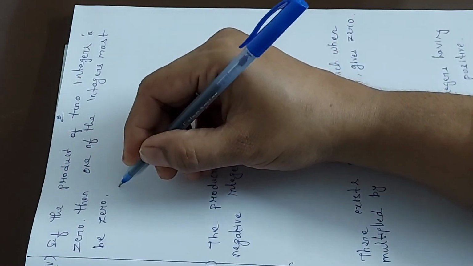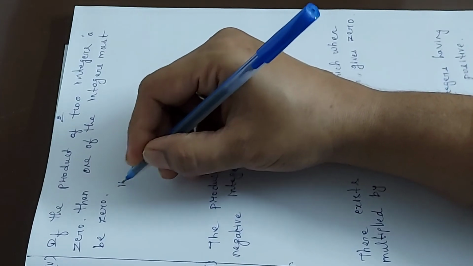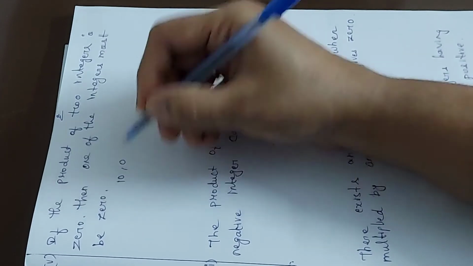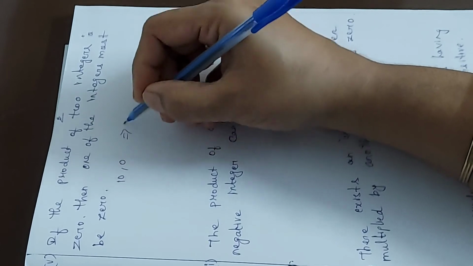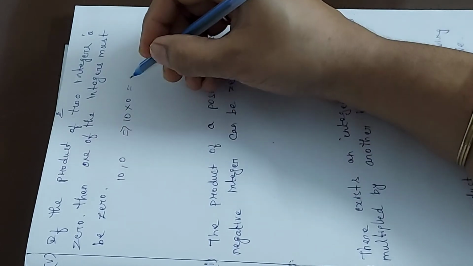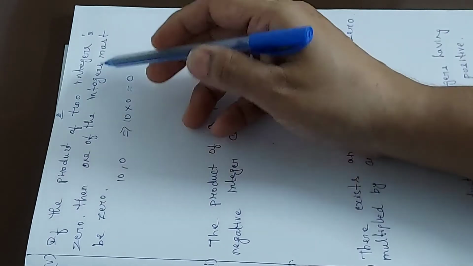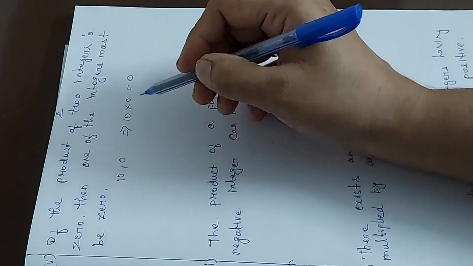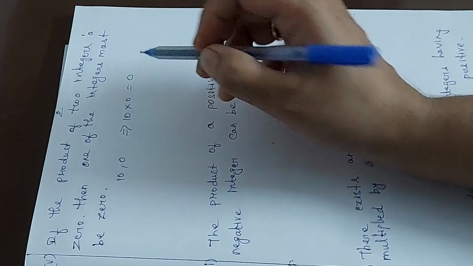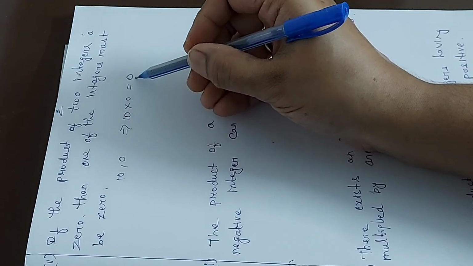If I take the integers 10 and 0, the product is 10 multiplied by 0, which of course is 0. So one of the integers must be 0; only then will we get the product as 0.